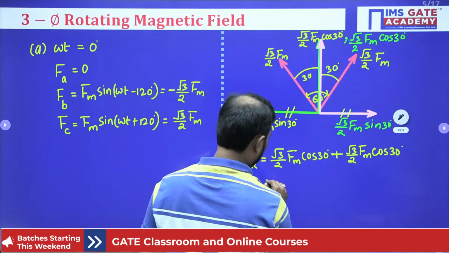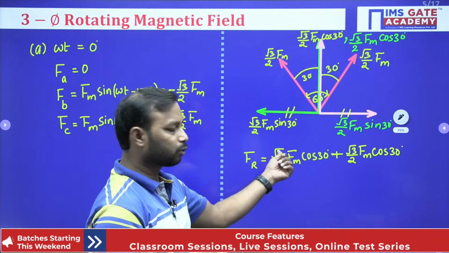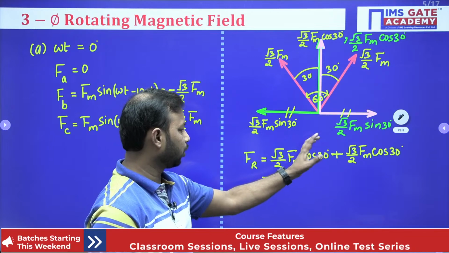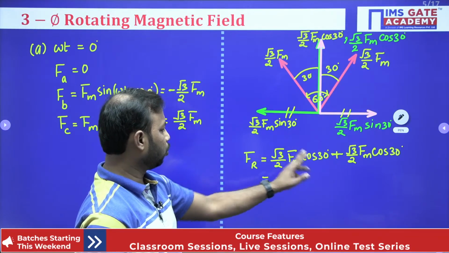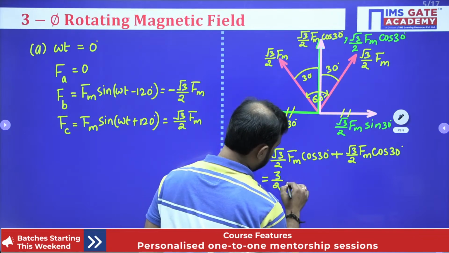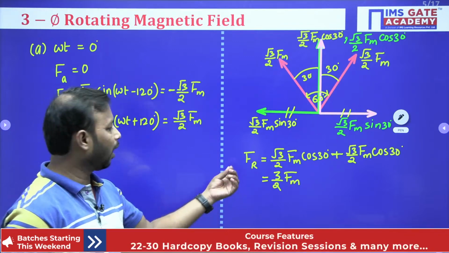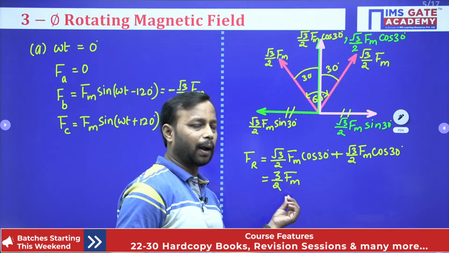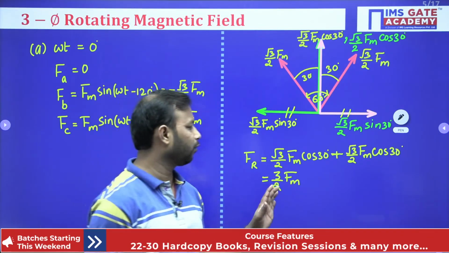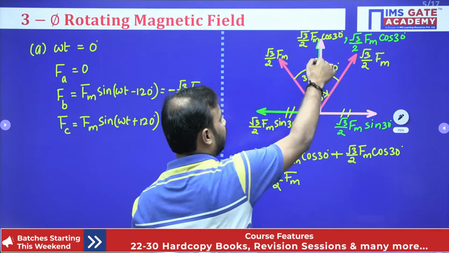All right. So let us resolve here. This will be 2 times root 3 by 2 Fm cos 60. Cos 60 is half, so the 2 will be cancelled out. We are left with 3 by 2 Fm. So the resultant MMF will have the magnitude 3 by 2 Fm, or 1.5 times Fm. And what will be the direction of the resultant MMF? It is upward.